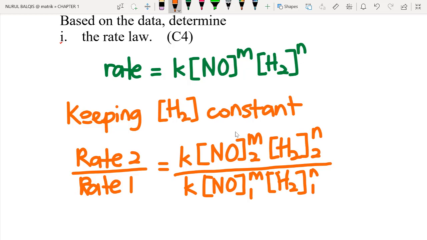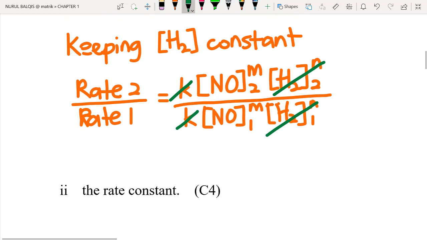We know that the H2 concentration is kept constant, so we are going to cancel out these and also the K, leaving only rate 2 over rate 1.